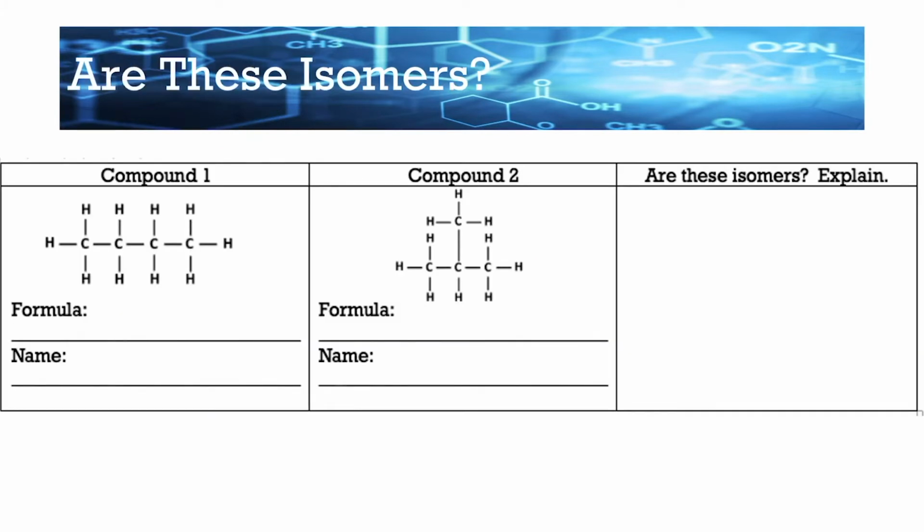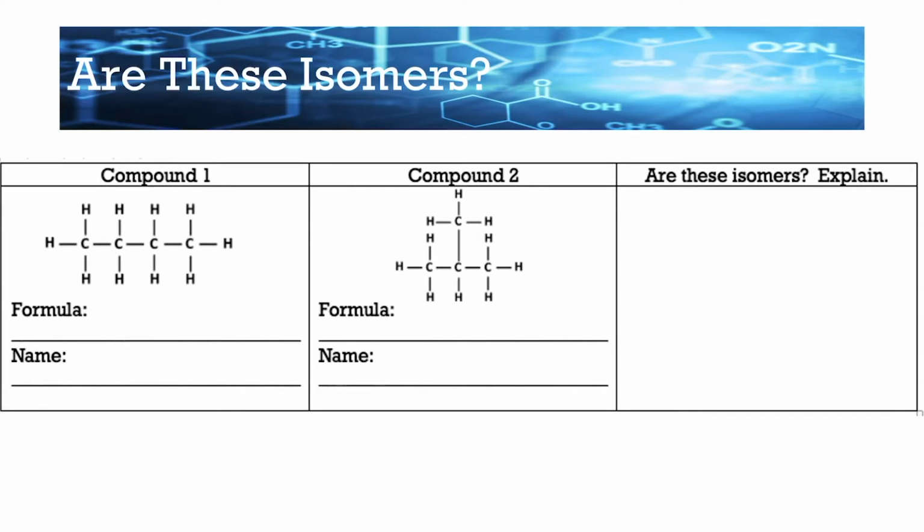Okay. So question. Are these 2 compounds isomers? So if you're not sure, a good tip is to name the compound. Obviously these 2 things look different, but we have to see if they actually are.